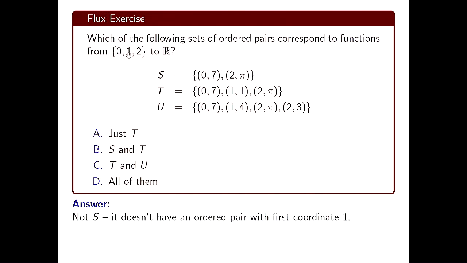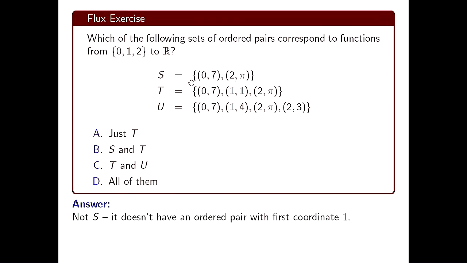Now here, this tells me 0 maps to 7 and 2 maps to pi, but this is meant to be a function I can enter 0, 1, or 2 into. And this one does not tell me where 1 goes, right? So what happens when I put 1 into the box? Box doesn't know what to do, nothing comes out, or it blows up or something. It's not a function, right?